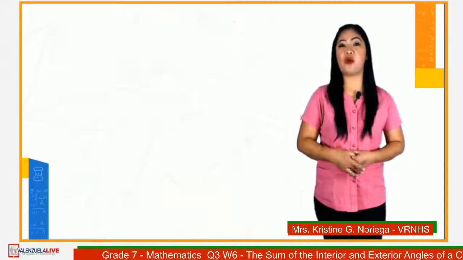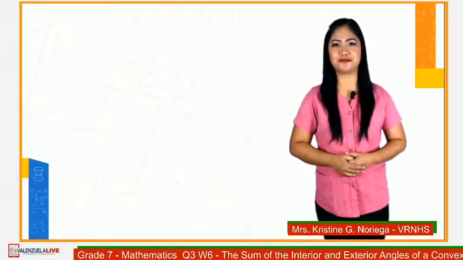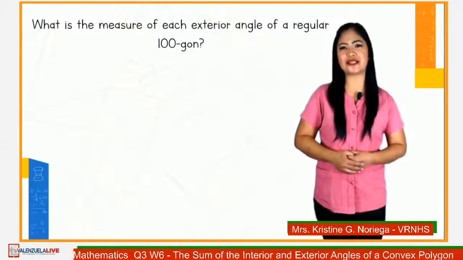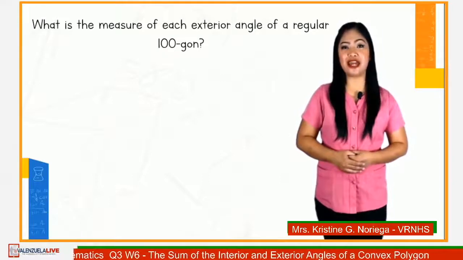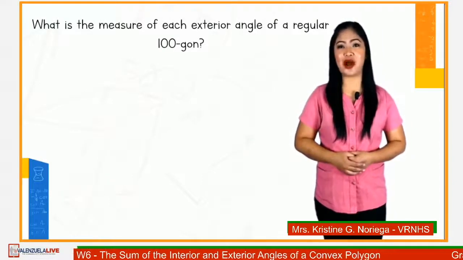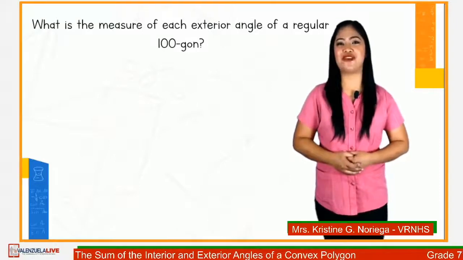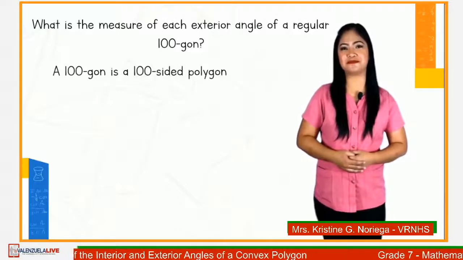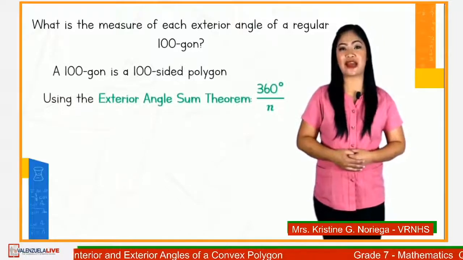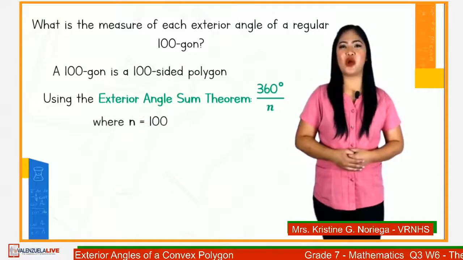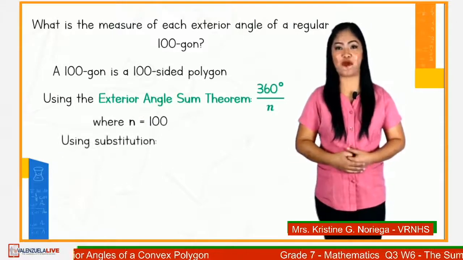Let us have one last example. What is the measure of each exterior angle of a regular 100-gon? Do you still remember a 100-gon? Very good. It is a 100-sided polygon. Using the exterior angle sum theorem, where n is equal to 100, we will substitute n to the formula.